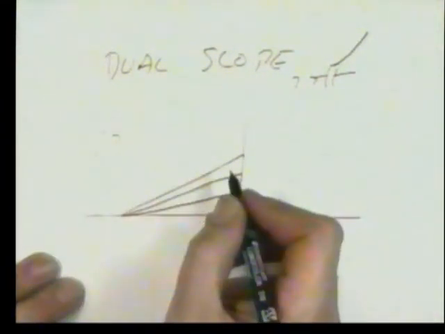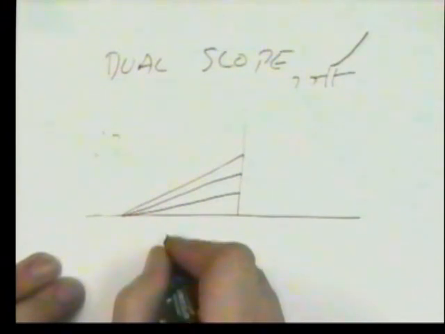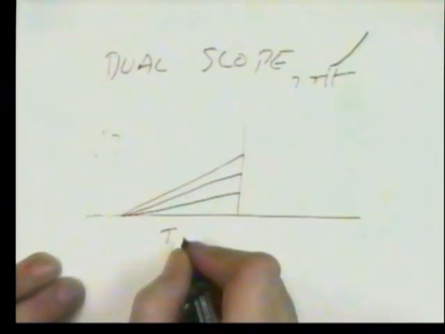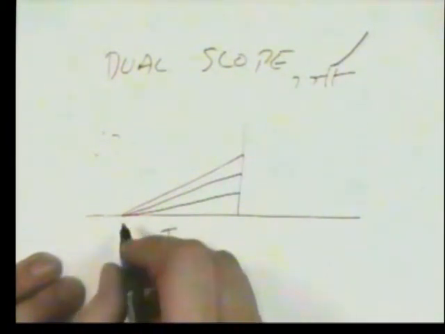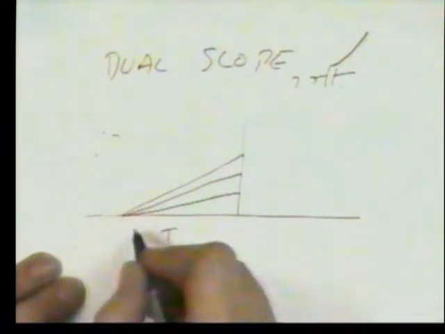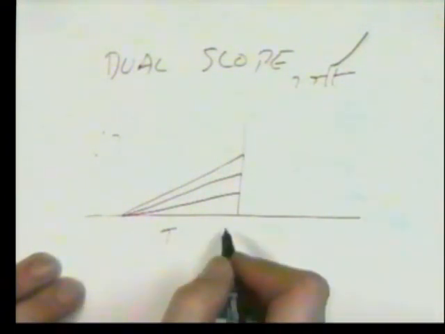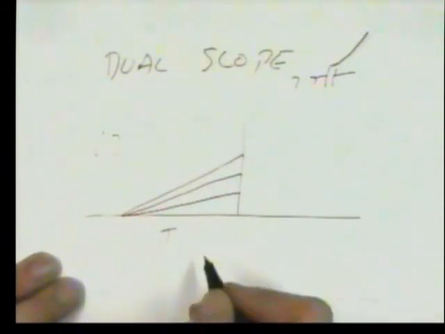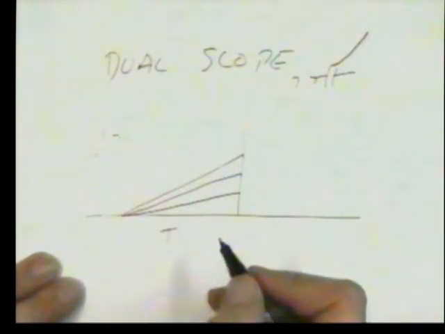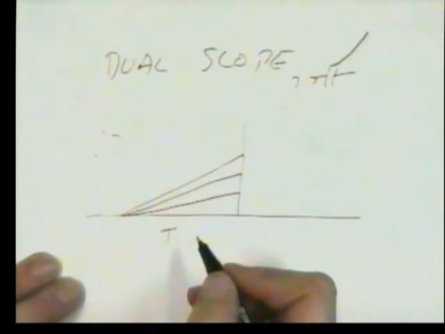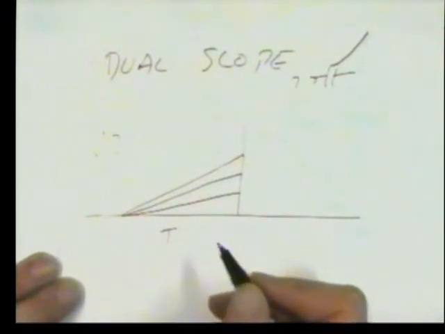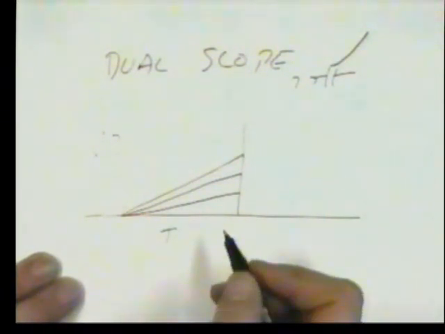We don't know what the input voltage is, but what we could do is charge it for a known period of time. Whatever the voltage is, we will charge it for a known period of time. That's very easy for a computer to do. You can do it with a program loop or a bit of timing. We just say we're going to switch on the unknown voltage and we'll let it charge for, say, 1 second.